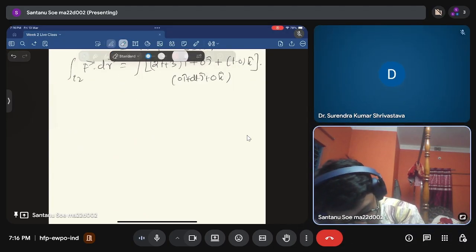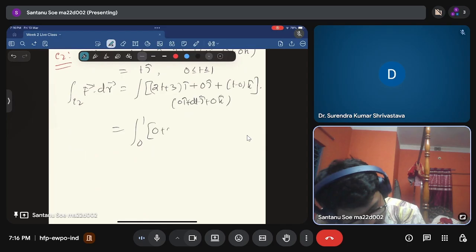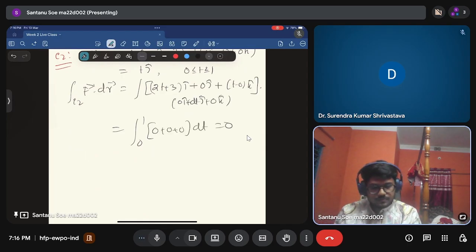So this is going to be the integral from 0 to 1 of 0 plus 0 plus 0 dt, which is just 0.